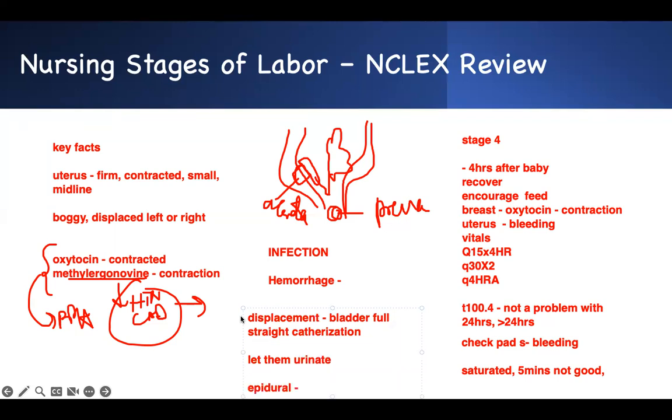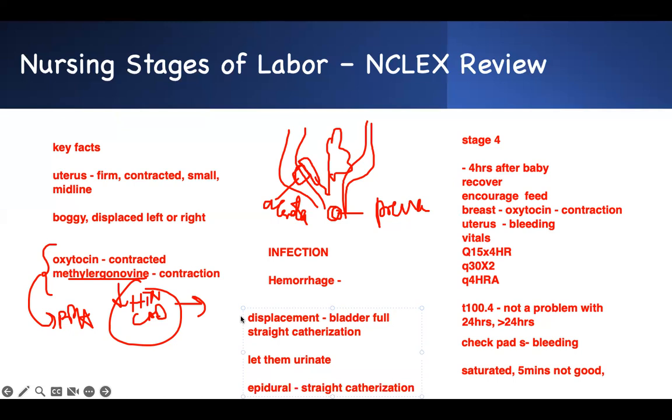Epidural loses the nerve innervation of the bladder temporarily. So this one, straight cath is a must. But if they don't have epidural, you can try to help them pee. If not, you have to straight cath them. Otherwise, the uterus will become boggy, displaced, and cause more problems. Okay, overdistended and get into trouble.